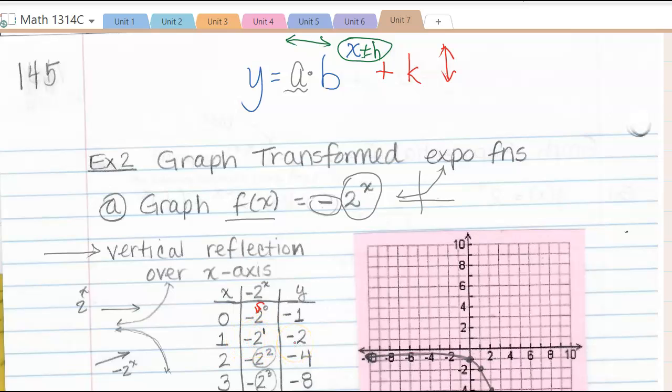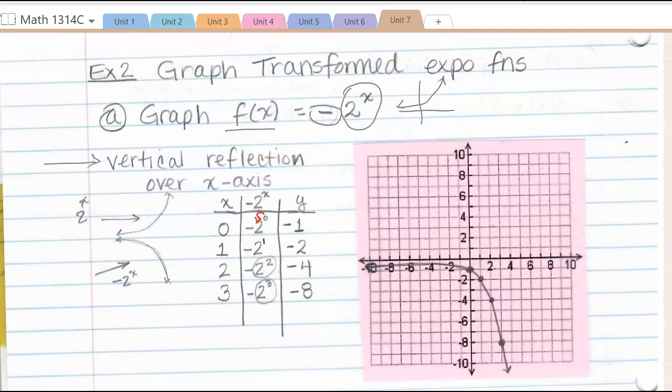That's how I'm getting that negative 2. So we can always see it with our points. Normally we would have 0, 1, but because of that negative multiplier, instead of going 0 up 1, we're going to go 0 down 1.